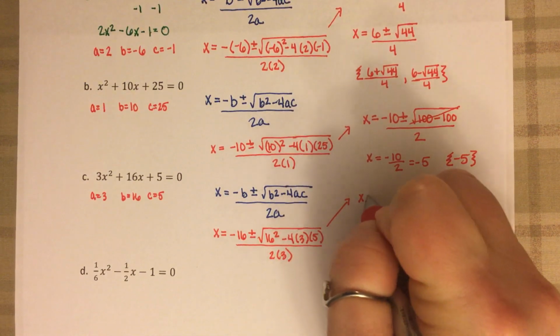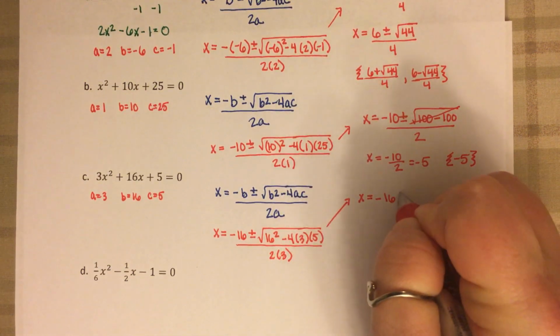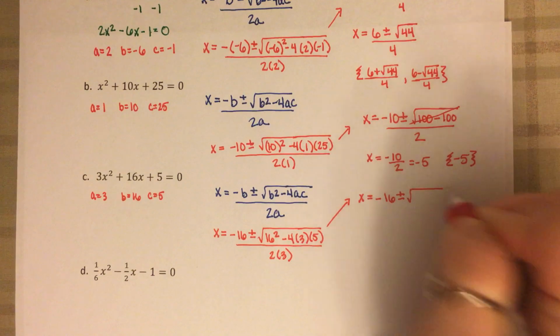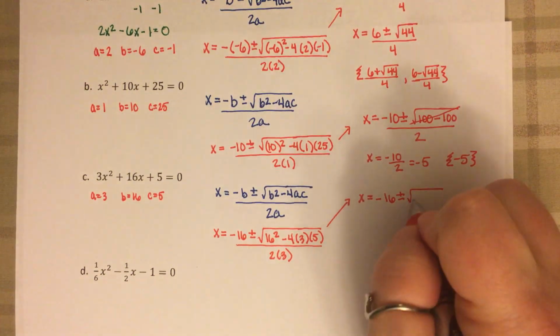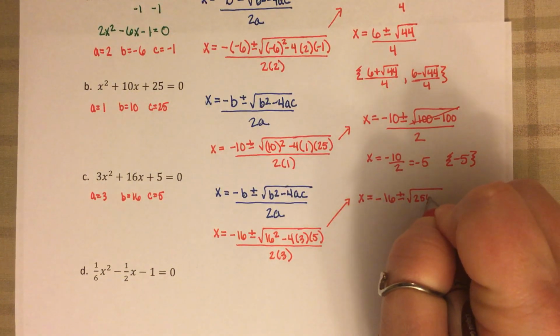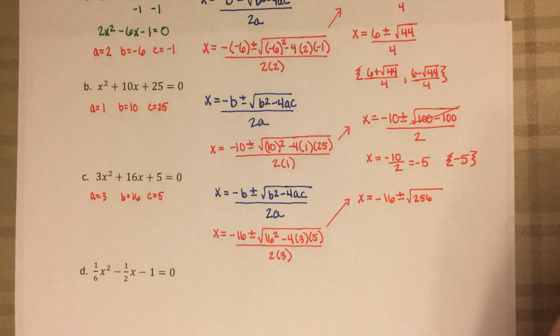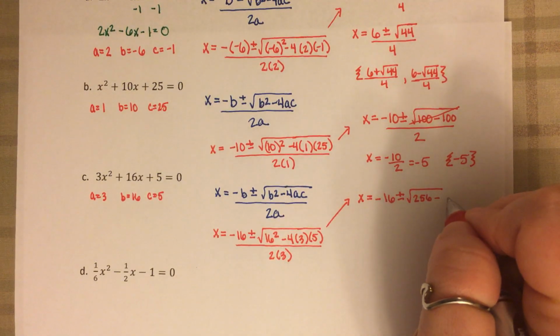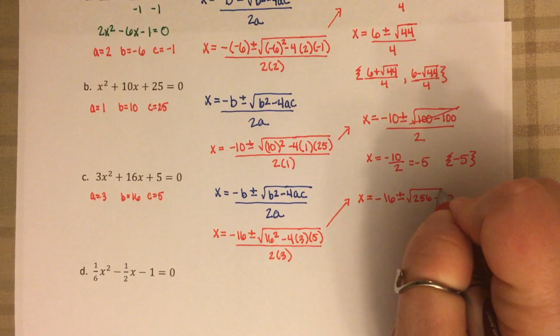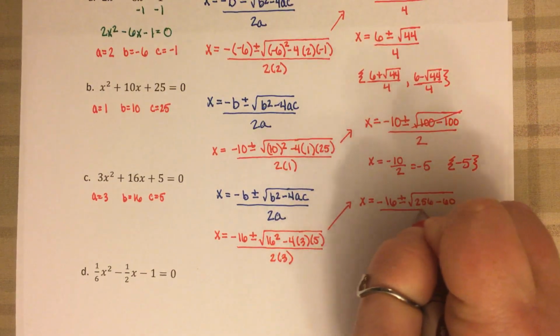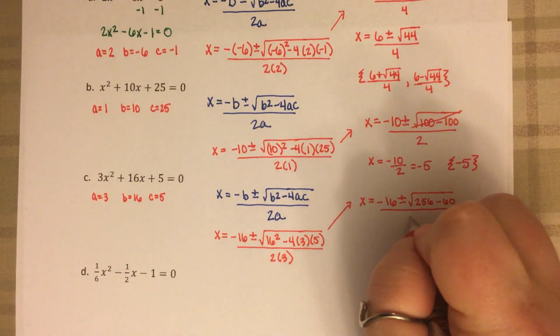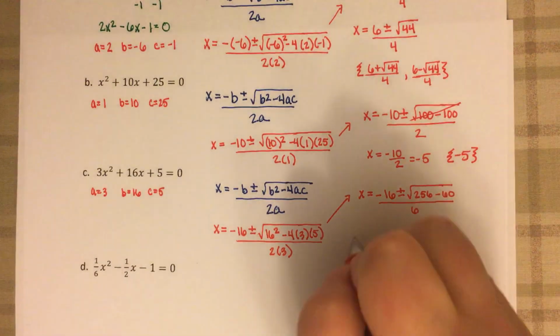So x is going to be equal to negative 16 plus or minus our square root. 16 squared, 16 times 16 is 256. 4 times 3 is 12, times 5 is 60. So inside our square root we have 256 minus 60. 2 times 3 gives us 6.